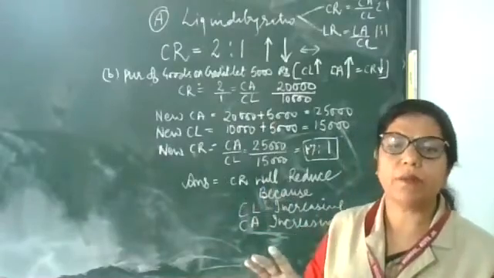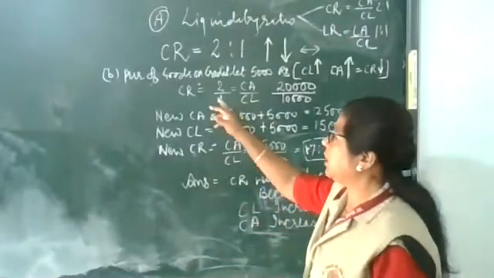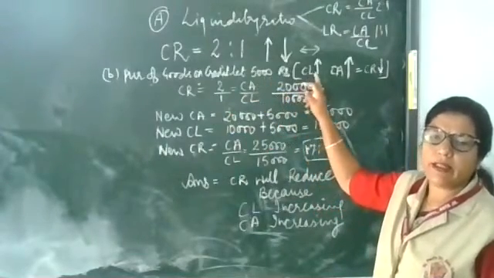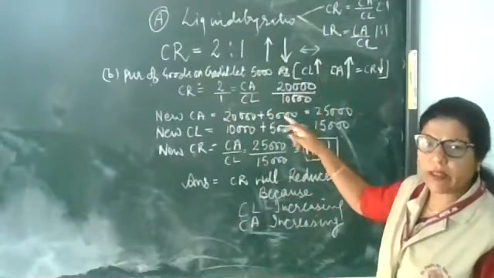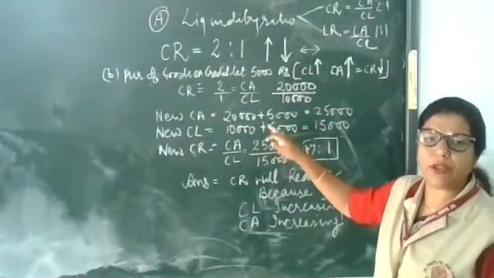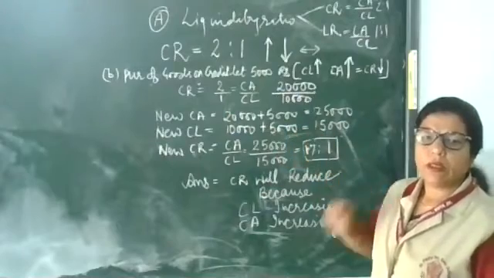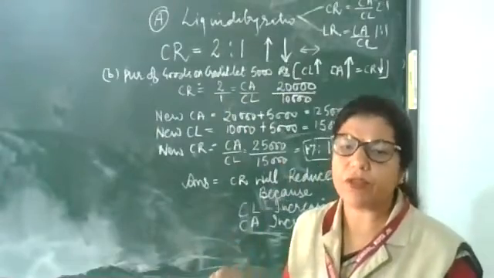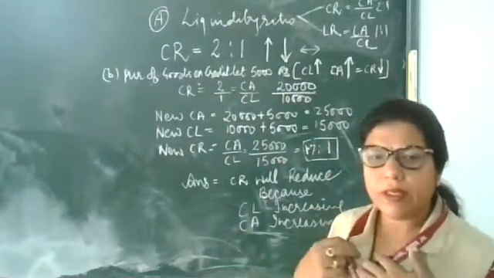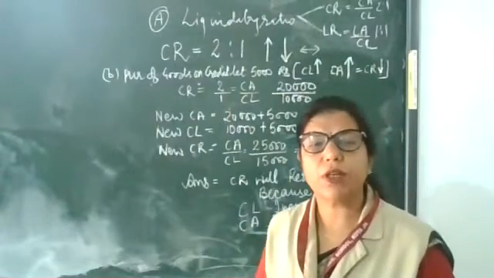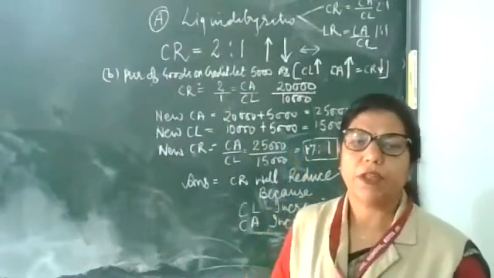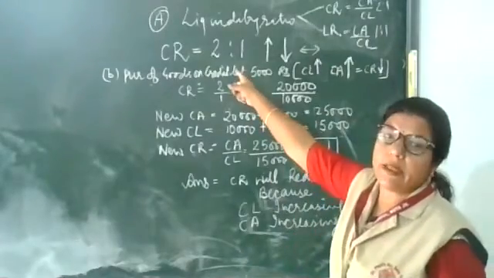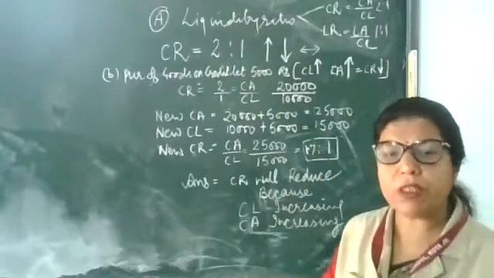You will not change the method. It's very easy. Just put the zeros, let the amount, and see whether CL or CA is increasing or decreasing. If it is increasing, put the plus sign. Here current asset is increasing because goods are increasing, inventory is increasing, and current liabilities are increasing because goods are purchased on credit. So the new CR is 1.7 is to 1. Earlier it was 2 is to 1.